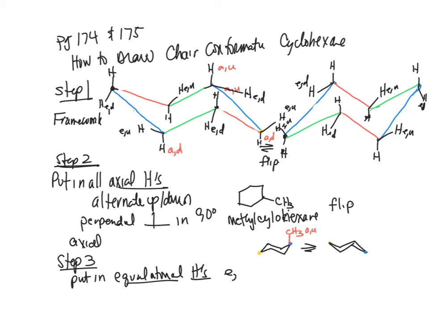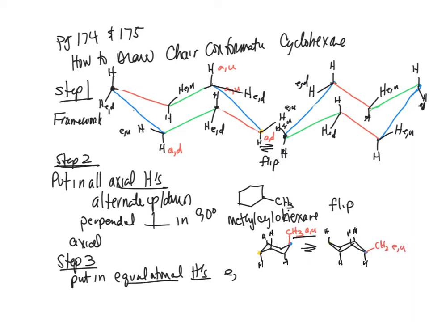Okay, and this would be axial down, up, down, up, down, up. Okay, and then you come here, and then if you put hydrogens, you go down, up, down, up, down, up, and then this one here is on the blue, and so now it becomes CH3 equatorial up.